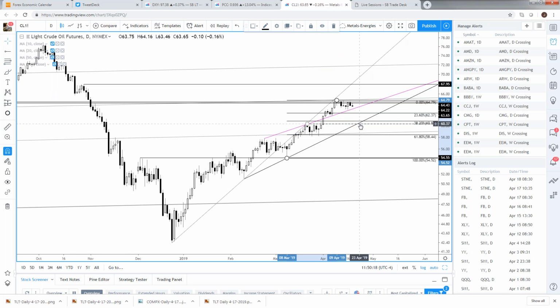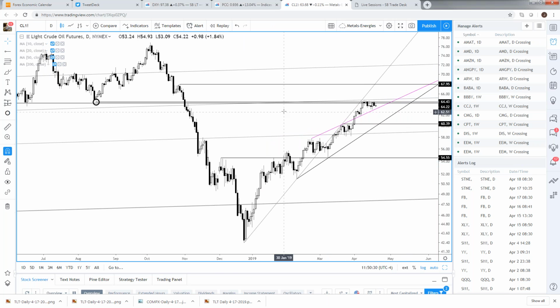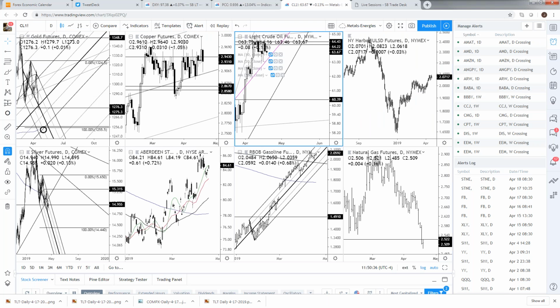So this area is going to be good support, because you kind of have yourself a 1, 2, 3, pull back, 4, go for another one. That is my opinion on crude oil, but the levels to watch are pretty well defined.